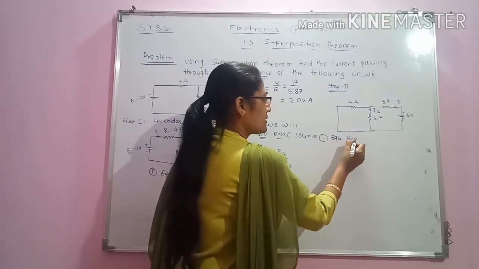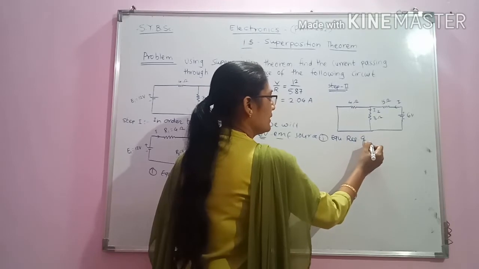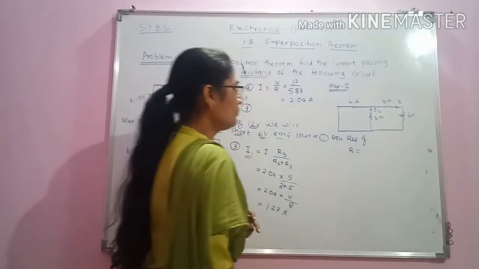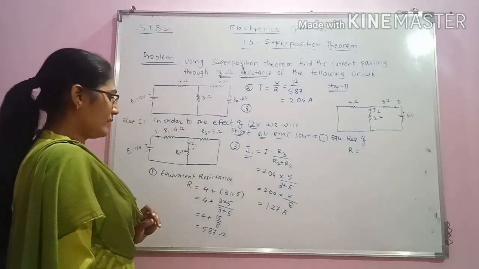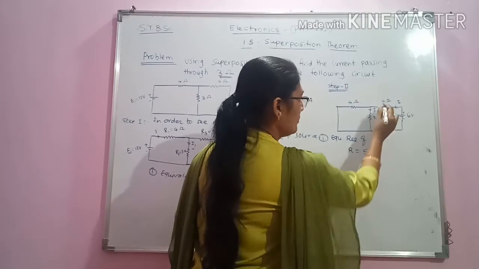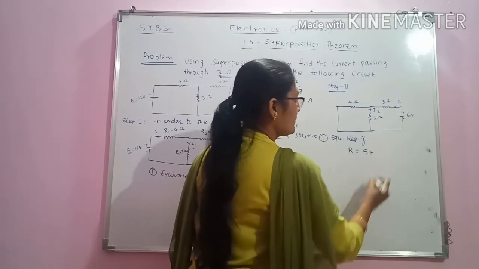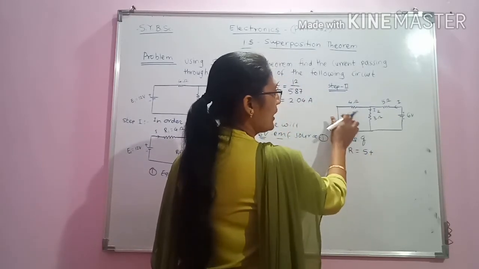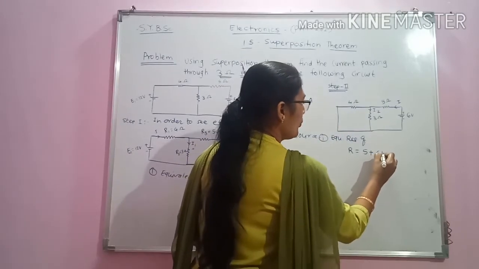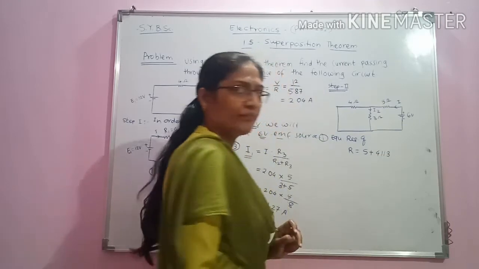Now, again we will calculate first the equivalent resistance of the circuit. So R is equal to, what is the value of R? R is equal to 5 ohm plus these two, which are in parallel. So 4 parallel to 3.